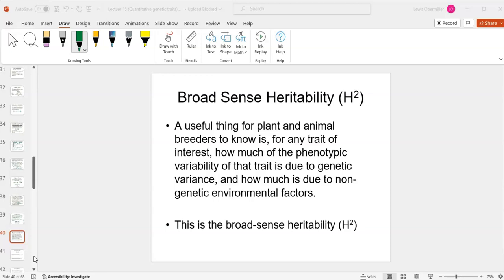So broad sense heritability looks at the variance in a population that's due to genetics among individuals in that population. What is due to genetics and what is due to non-genetic environmental factors? That value is broad sense heritability.